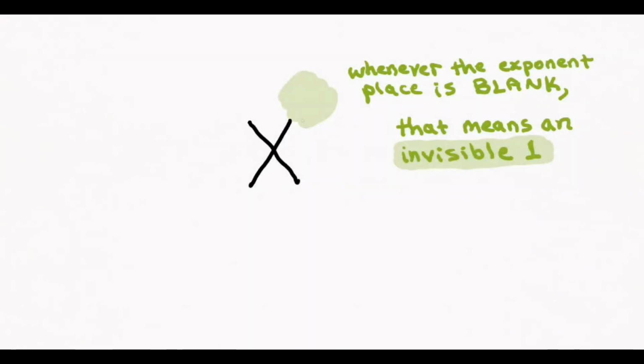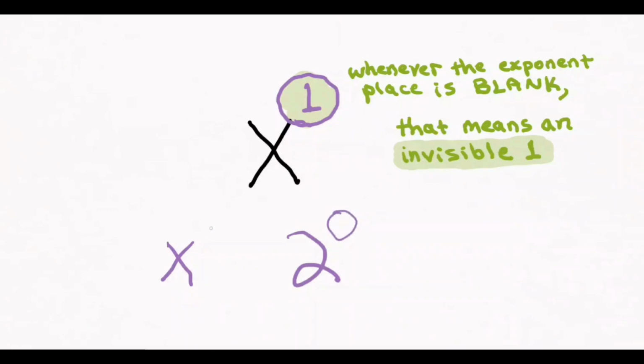And if you have just an x, anytime you're dealing with algebra or anything, and there's nothing up there, that means an invisible 1. Because I said it before, I'll say it again, mathematicians and scientists are lazy, and we do not want to be spending all day writing things out if we don't have to. So hundreds of years ago or whatever, everybody just decided that anytime there is an x or a number with no exponent, it's automatically considered to be to the power of 1.